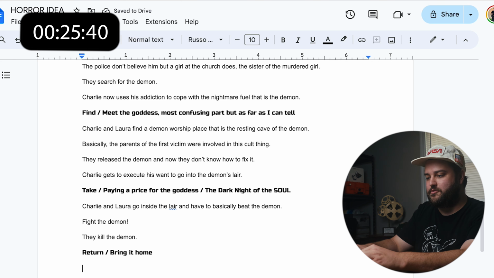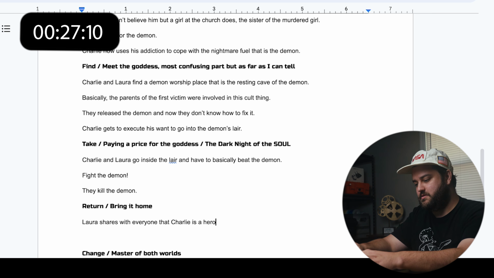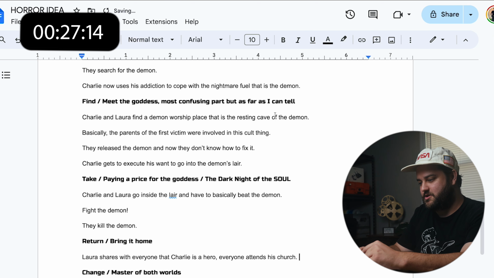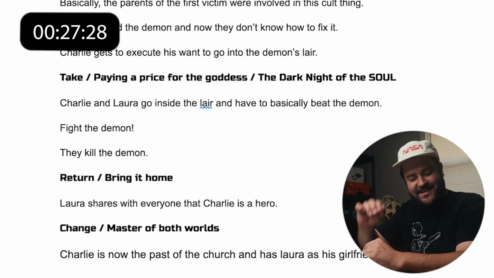They return home. Laura shares with everyone that Charlie is a hero. Everyone attends his church. Charlie is a hero. Boom. And then we end up in the last space, which is change. Charlie is now the pastor of the church and has Laura as his girlfriend, and he's no longer a Catholic.